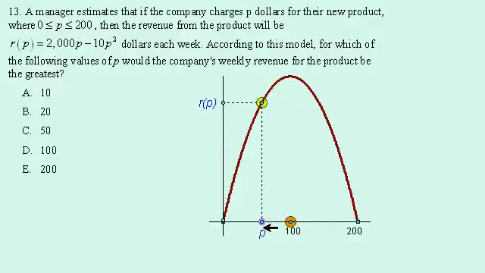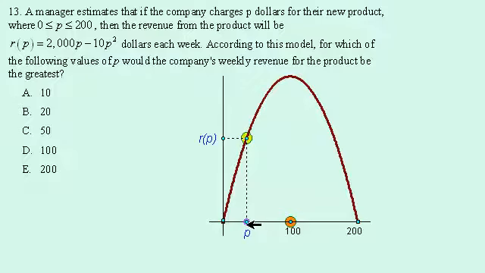So that is not good for the company, and that is the reason the company is asking for what value of P the maximum weekly revenue for the company product will be the greatest. So that is what they are asking here.